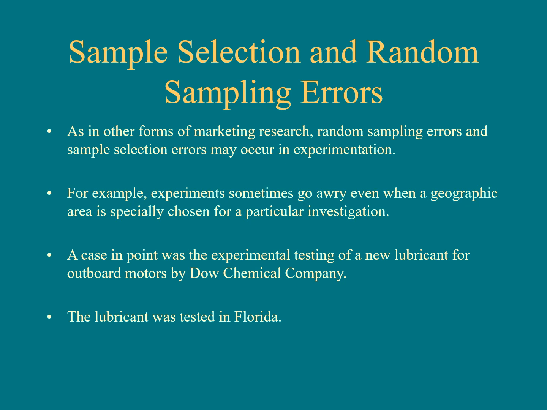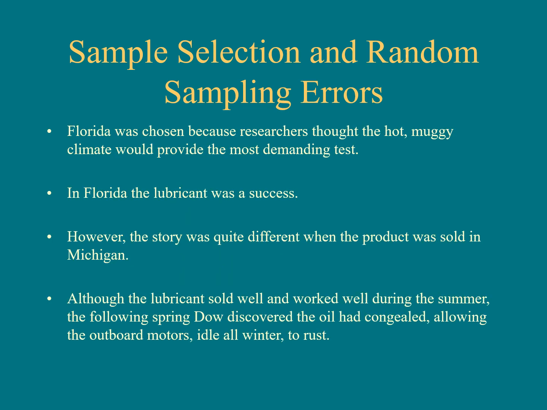A case in point was the experimental testing of a new lubricant for outboard motors for Dow Chemical Company. The lubricant was tested in Florida. Florida was chosen because researchers thought the hot, muggy climate would provide the most demanding test. In Florida, the lubricant was a success. However, the story was quite different when the product was sold in Michigan.